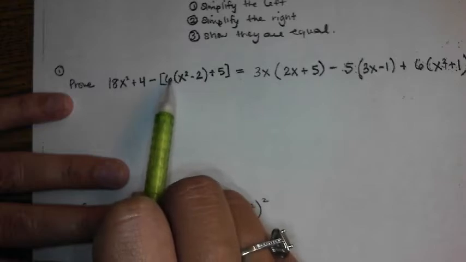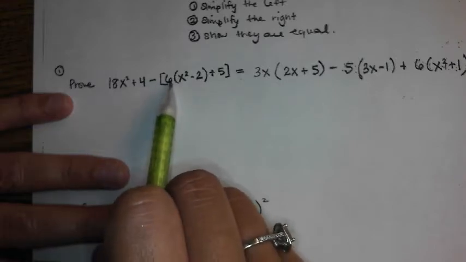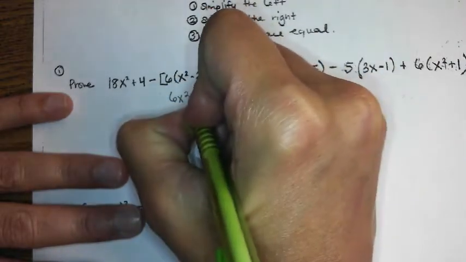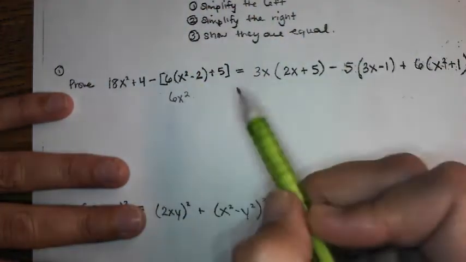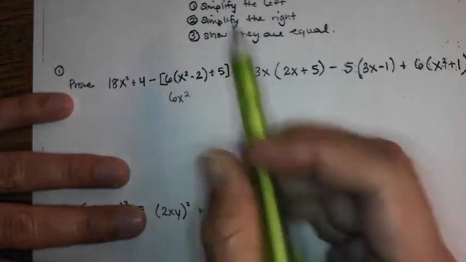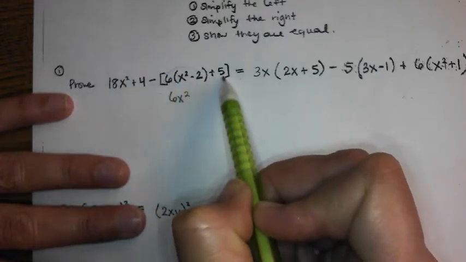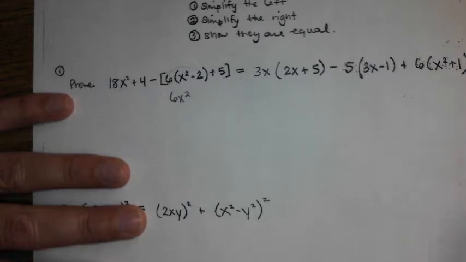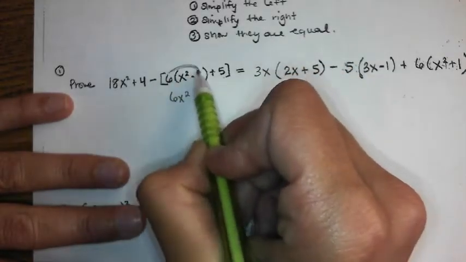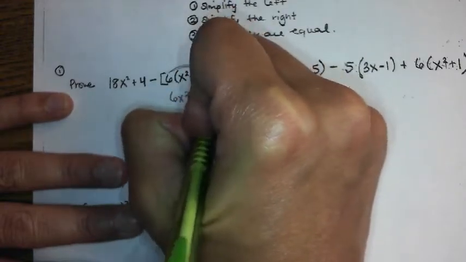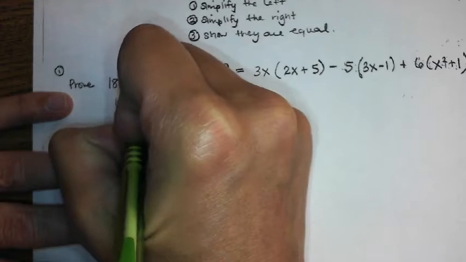Within the brackets, I'm first going to distribute that 6. So it's going to create 6x squared. And here I'm going to kind of combine two steps in one, if you'll bear with me. This is a minus 12, but I know I'm then going to combine it with a plus 5. Does everyone see that? Negative 12 plus 5 gives me negative 7. Keep everything else the same.